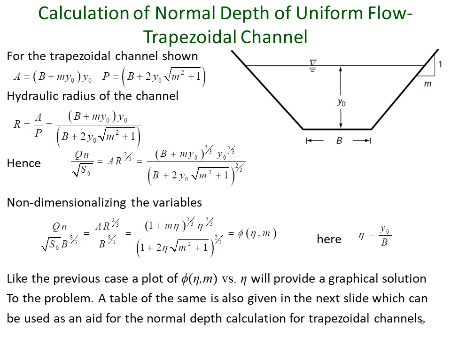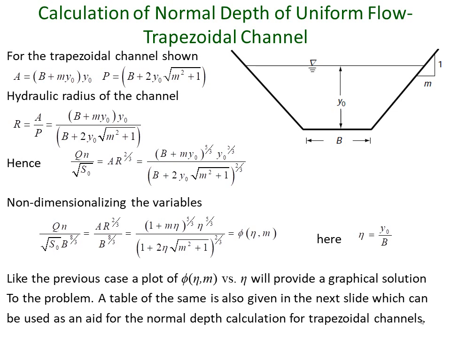This can also be represented graphically, and using the graphical plot again, we can easily derive the normal depth of uniform flow of a trapezoidal channel.